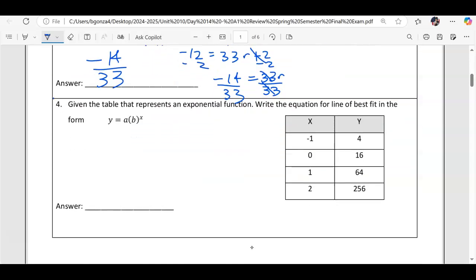All right. So given the table, write the equation for the line of best fit. Now, if it's exponential, you go to Desmos, you do plus sign table, you put it in, and then you're going to do y1 squiggle ab to the power of x1. You got to do it that way.